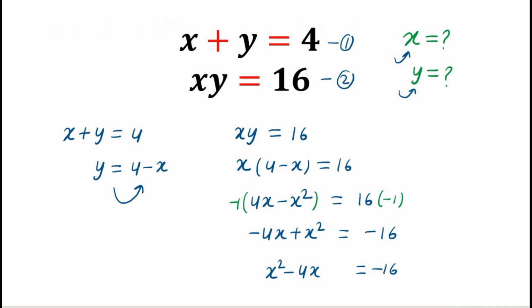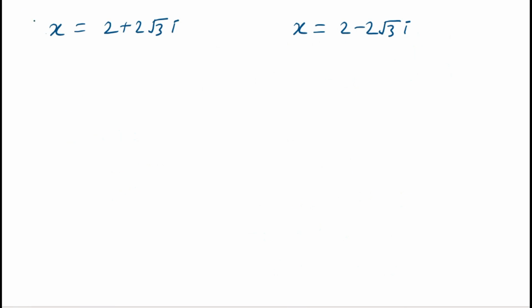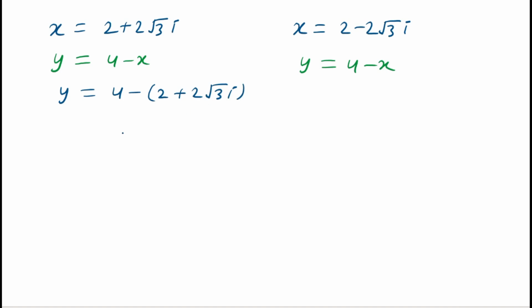And here the value of y is y equals 4 minus x. For the first case, y equals 4 minus (2 plus 2 root 3 iota). The minus sign is multiplied inside the bracket, giving minus 2 minus 2 root 3 iota. So the value of y is 4 minus 2, which is 2 minus 2 root 3 iota.